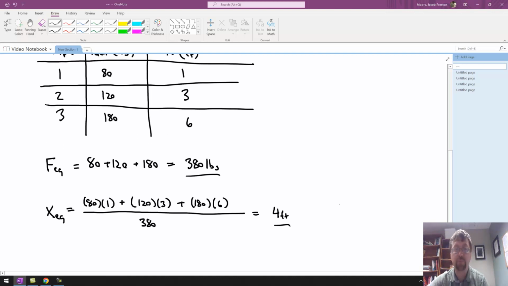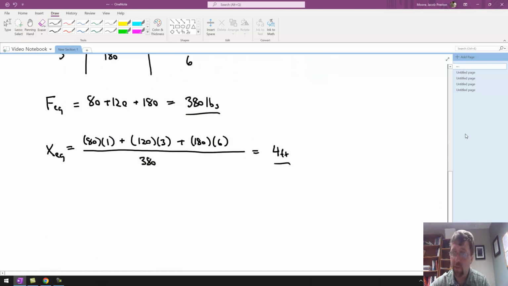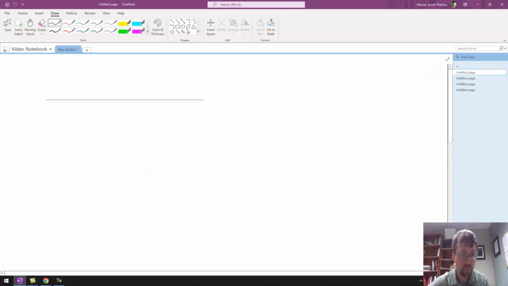All right, so I'm going to use F_EQ and X_EQ and redraw my beam with just a single point force. So for that, I'm going to jump to another page.